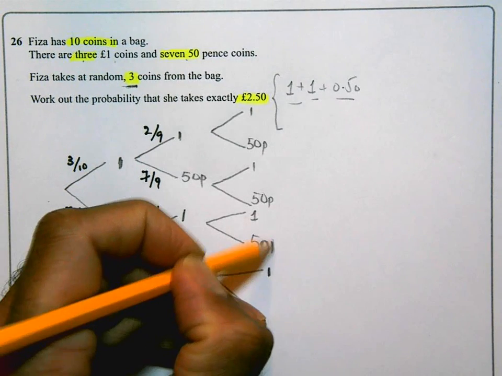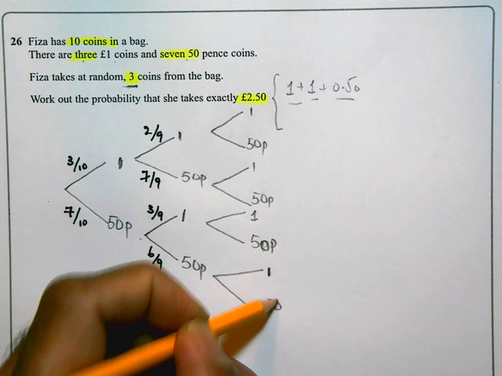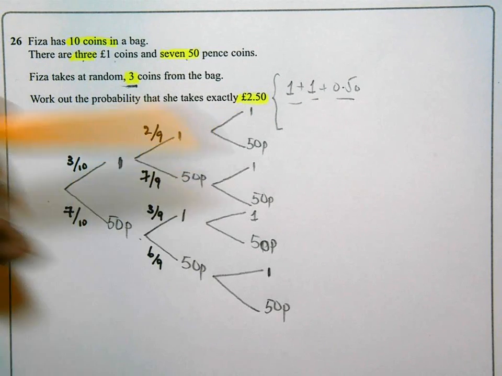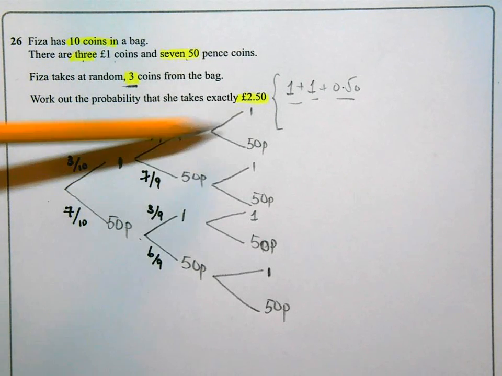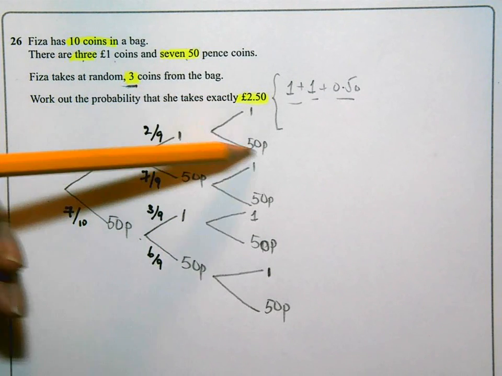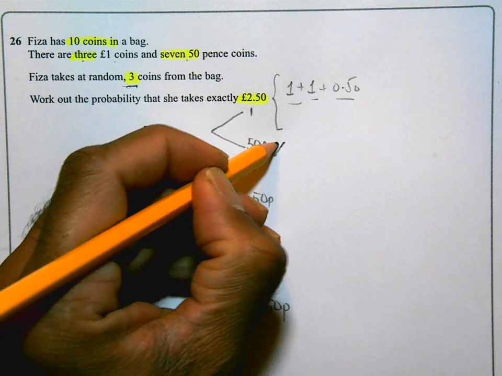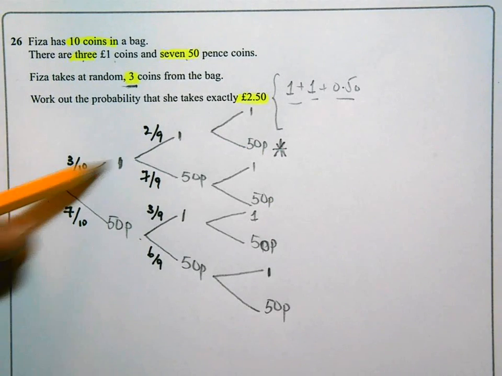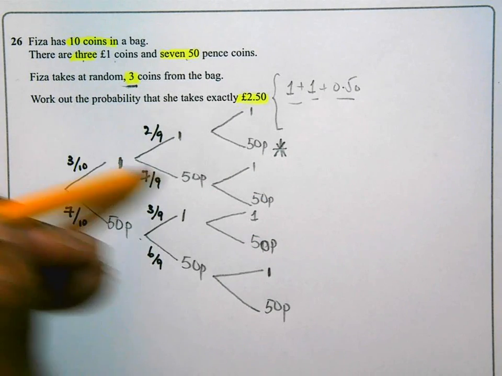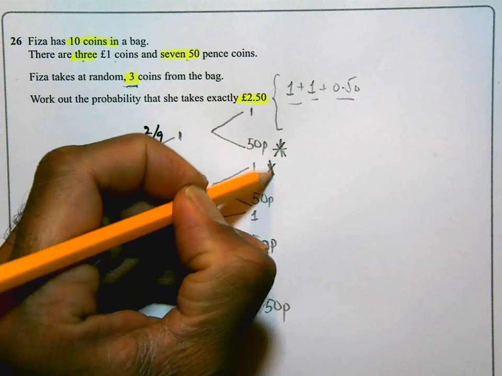To get £2.50, see this top branch, pound, pound, pound, that would be 3 quid. Pound, pound, 50 would get me the money that I want, £2.50. A pound, 50, 50, that's 2 quid. A pound, 50, a pound, that would also get me £2.50.